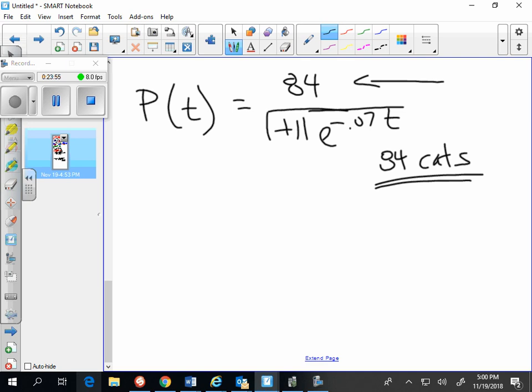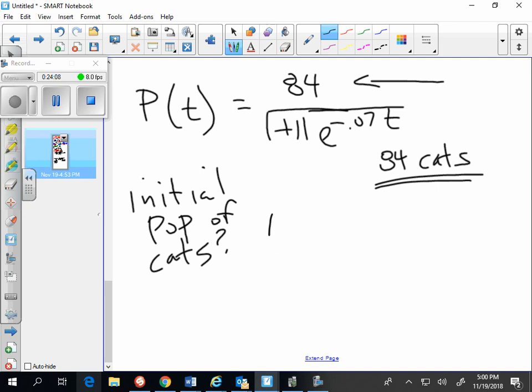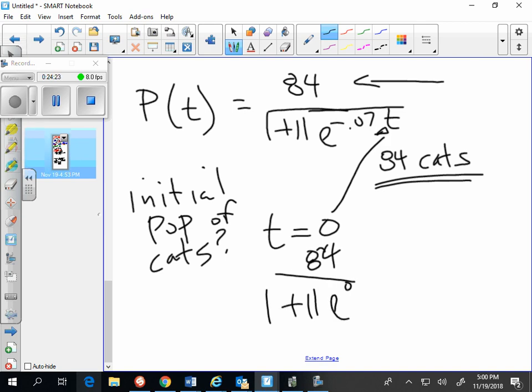Okay, now, next question. What is the initial population of cats? Well, initial population is t equals 0. So I'm going to plug a t equals 0 in here. 0 times negative 0.07 is 0, and so I'll be looking at 84 over 1 plus 11 e to the 0.